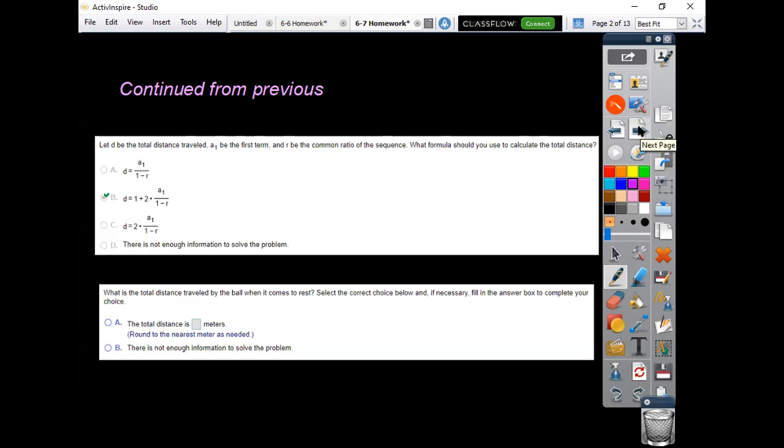So if D is the total distance traveled, again, the first one is this 1 meter, and it's being dropped 1 meter. Then it rebounds to the 0.94, and it's going to turn around from there and go back.